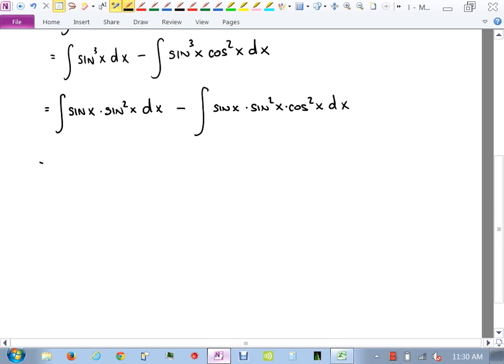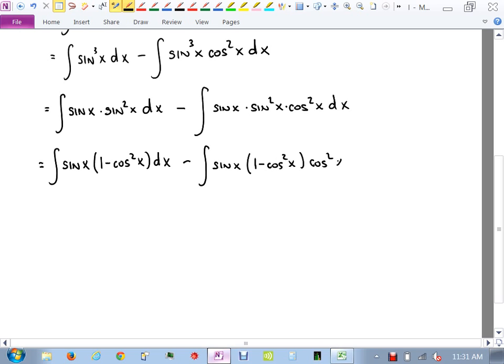Let's look at that first integral. We're going to have sine x, and then what does that sine squared x turn into? 1 minus cosine squared x dx. On this one, I get integral sine x again, but this turns into 1 minus cosine squared x, cosine squared x again.